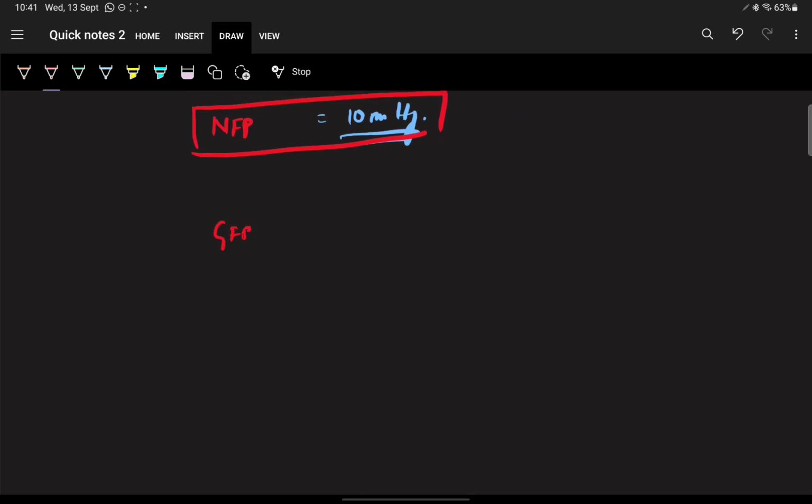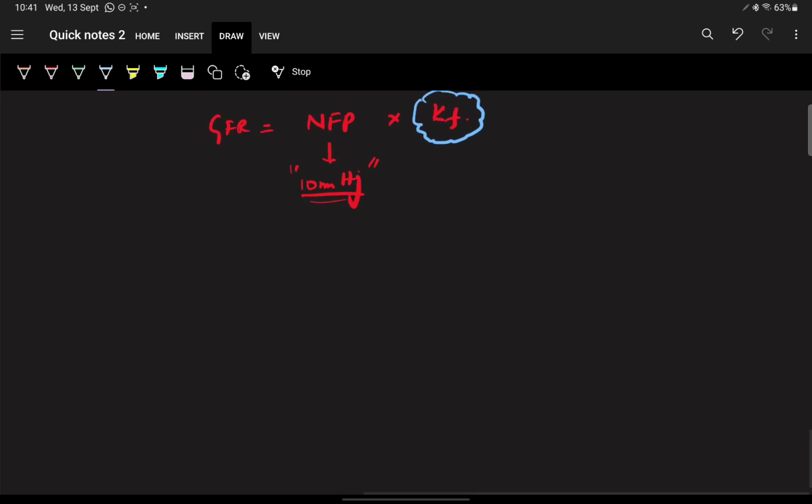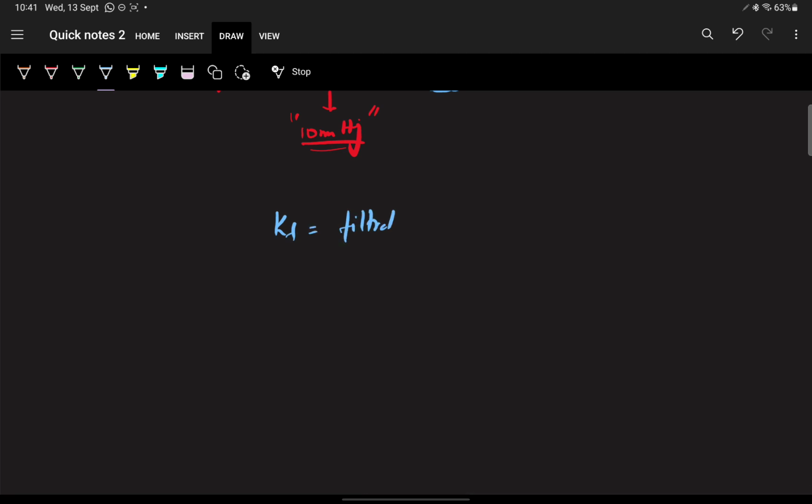So GFR, glomerular filtration rate, is equal to net filtration pressure times filtration coefficient, and the net filtration pressure we obtained was 10 mmHg. And what is this filtration coefficient? We'll talk about this one here. Filtration coefficient is nothing but how effectively the plasma is filtered through this glomerulus.